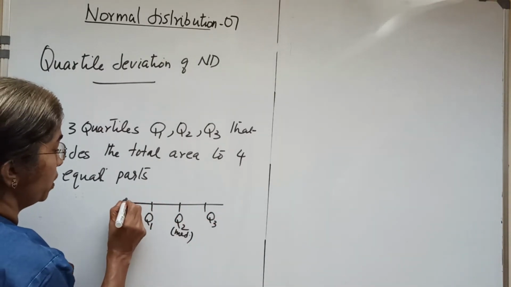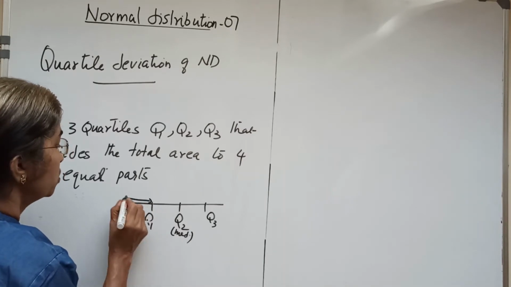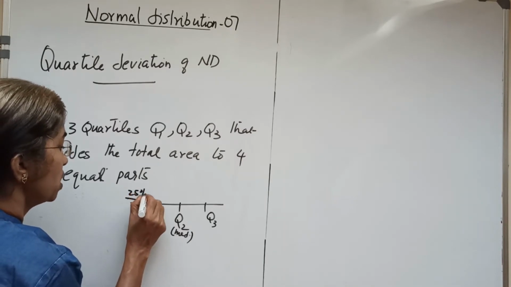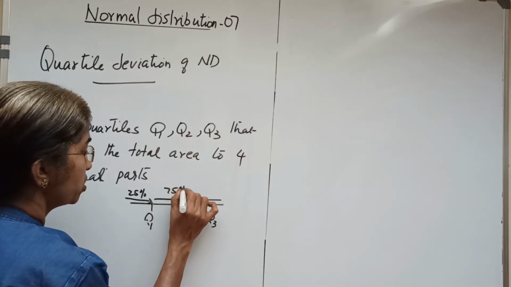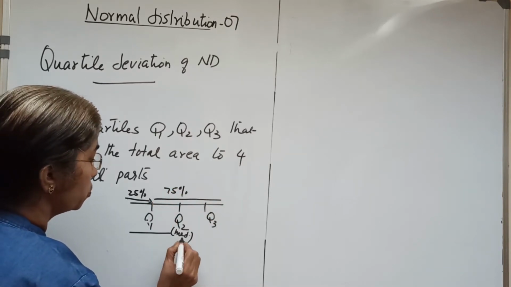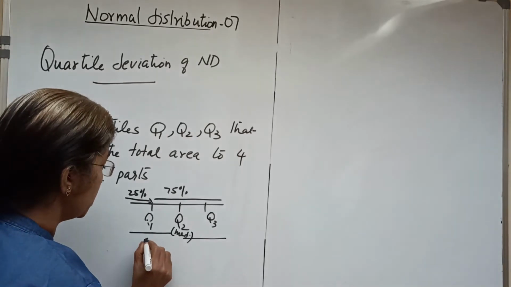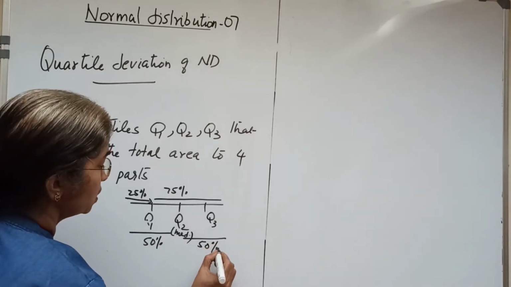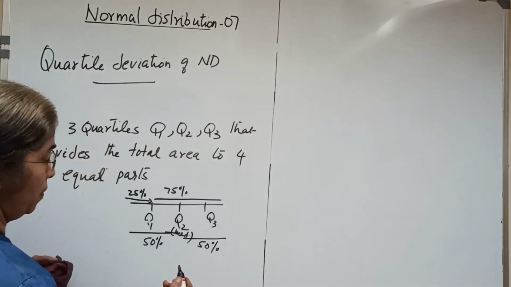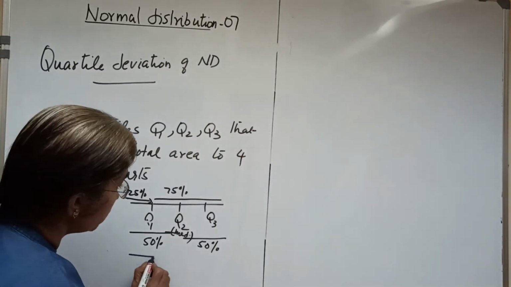What about Q1? Below Q1 is 25% and above Q1 is 75%, and for Q2 it is 50% below and above, so that there are 2 equal parts. And what about Q3?